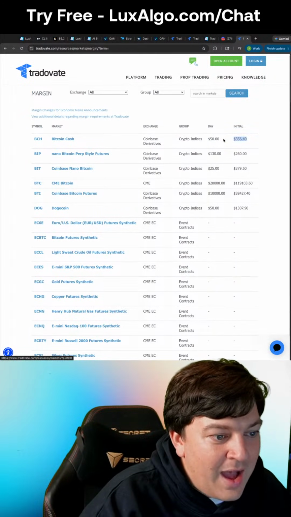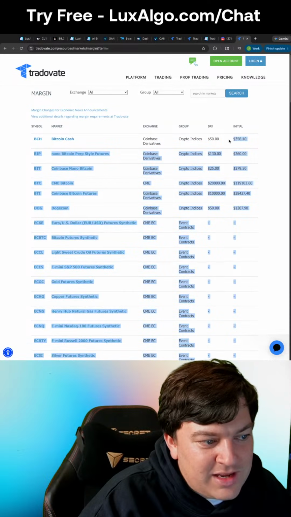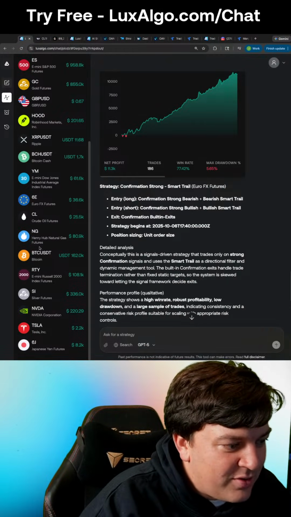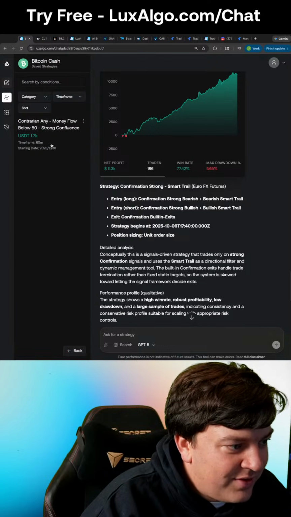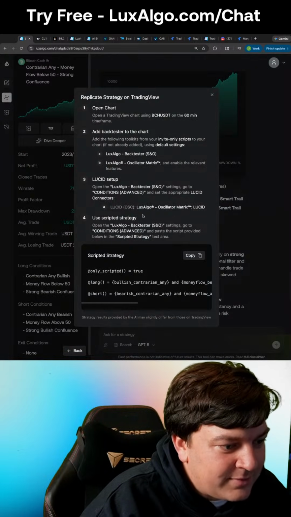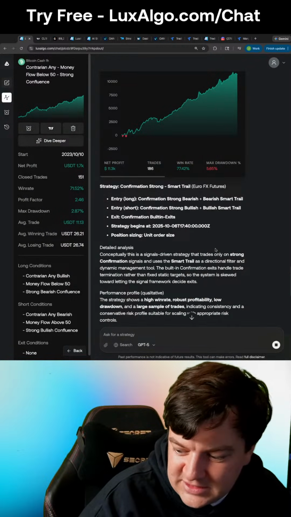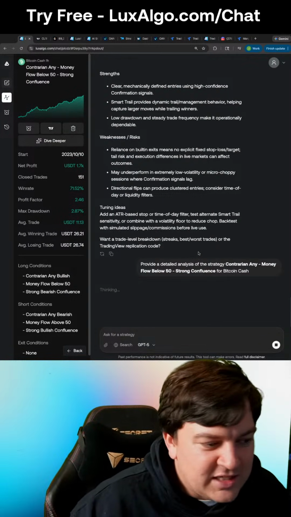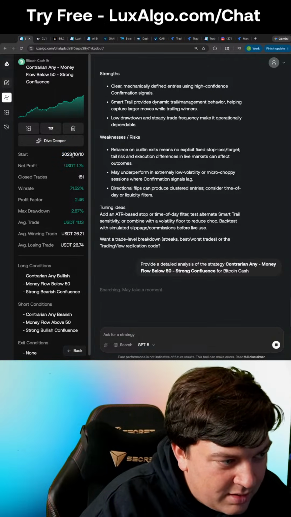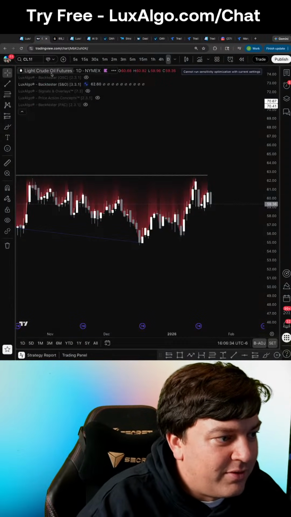So I might actually have it trade Bitcoin Cash as well. That's the other thing I was debating on, because look at this Bitcoin Cash strategy that we found today. This one's a 60-minute. This specific strategy has been trading since 2023, and it's been phenomenal.